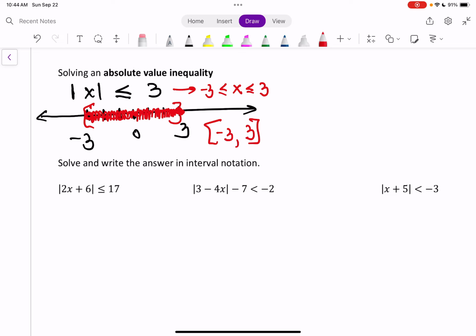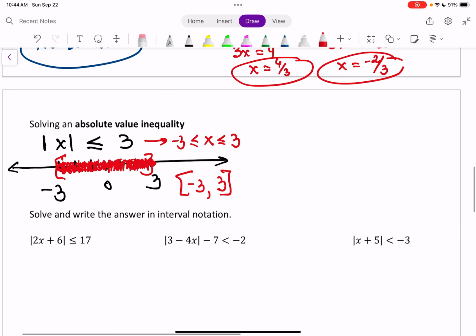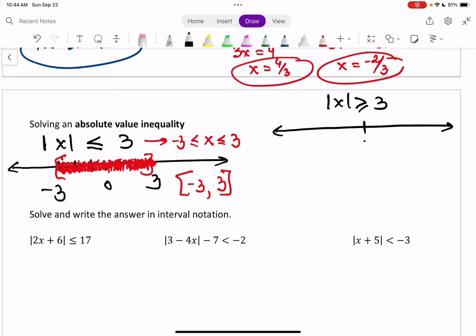Less than 3 units. 2.9 units, 2.8 units, 2 units, right? In both directions. When you look at an absolute value that is greater than or equal, that makes the rest of the number line. So here is 0. Here is exactly 3 units away from 0.